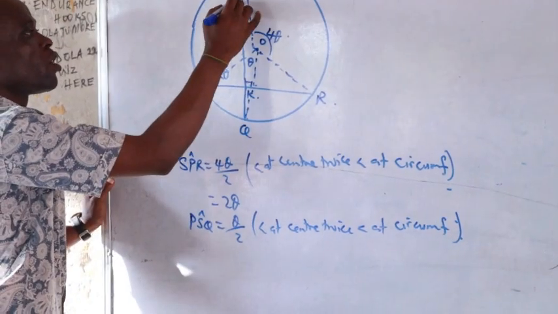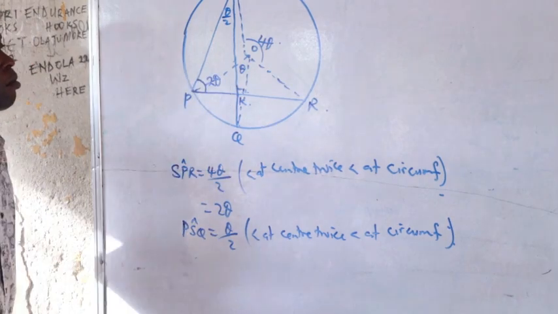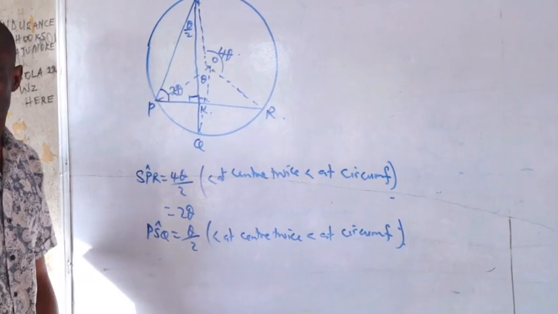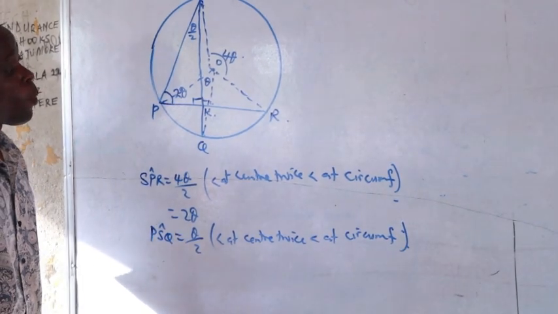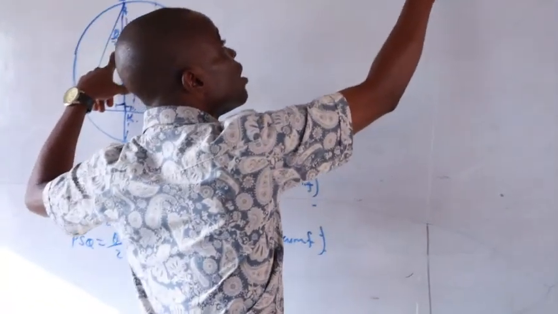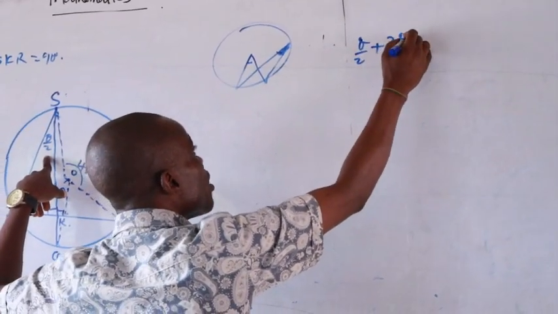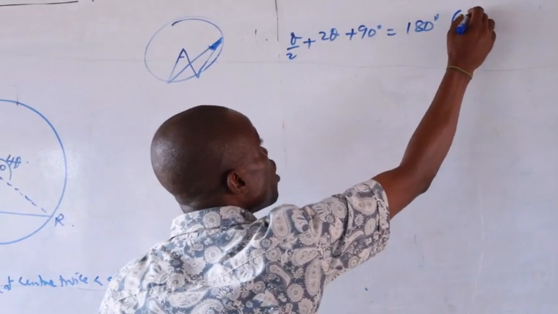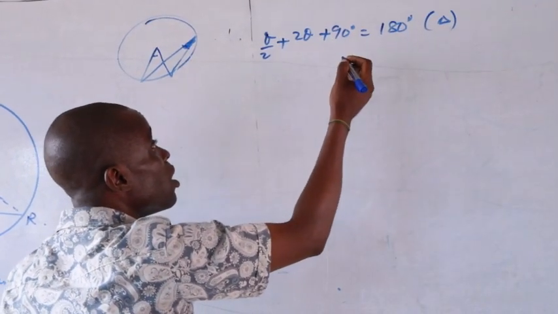So this is theta over 2. Please don't forget that this is 90 degrees too. That's the right angle triangle. Sum of angles in a triangle: theta over 2 plus 2 theta plus 90 is equal to 180 degrees. Sum of angles in a triangle, Abi?